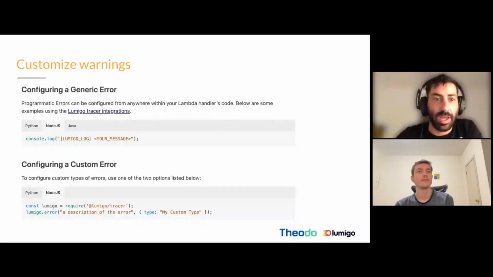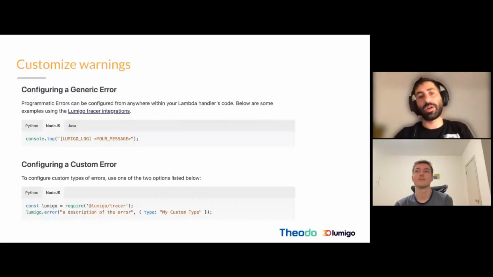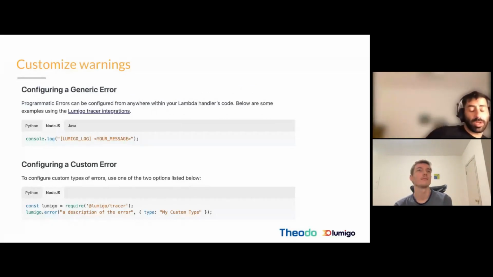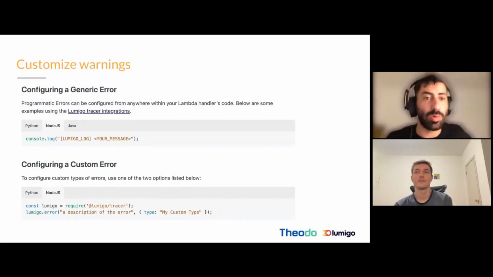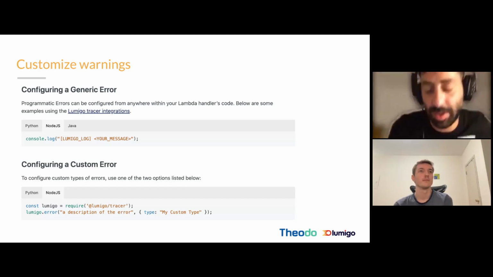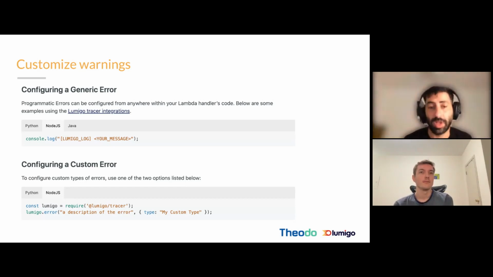Yeah, so for that, again, as always, we have a feature that can help you. And again, sharing my screen. We call it customized warnings or programmatic errors. Basically, it's a way to customize your own error messages.